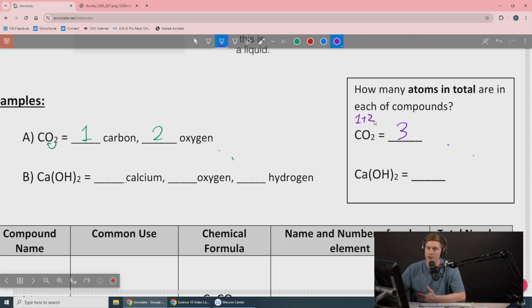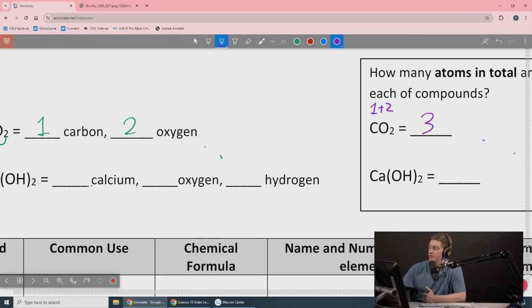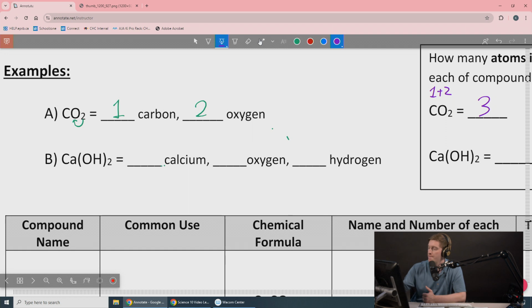Some of these compounds are going to have a little bit more complexity to them. If you look at this one here, we've got brackets. These brackets are showing you that this 2 doesn't just apply to the hydrogen, it also applies to the oxygen. The subscript applies to everything inside the brackets.